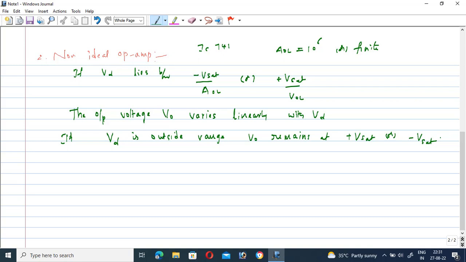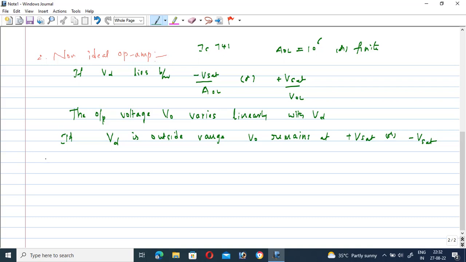When the op-amp is used in the open loop condition or with a positive feedback, the difference VD will be large enough. Therefore, the op-amp works in the saturation region.